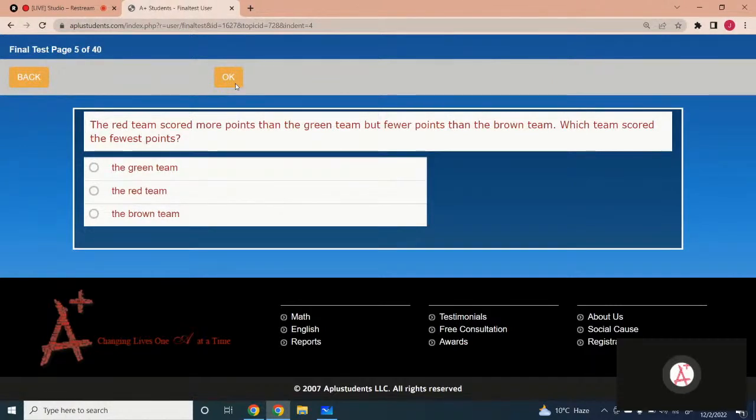Okay. The red team scored more points than the green team, but fewer points than the brown team. Which team scored the fewest points? That's the one we did on the tutorial. Who remembers the answer?